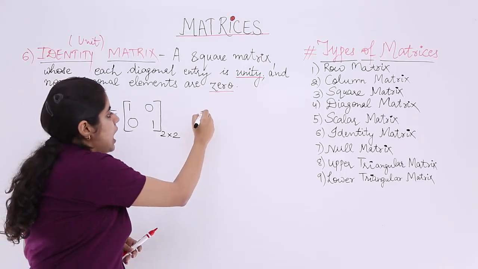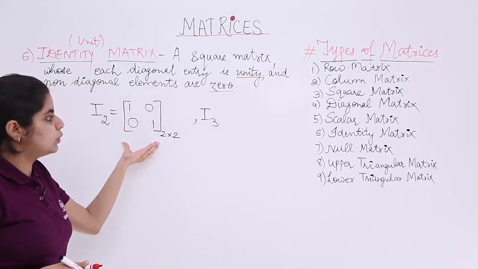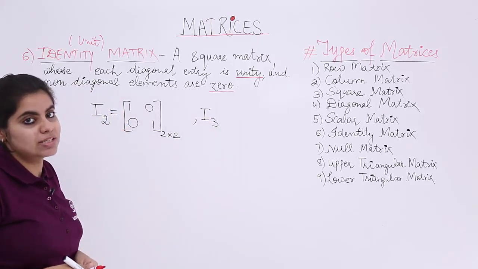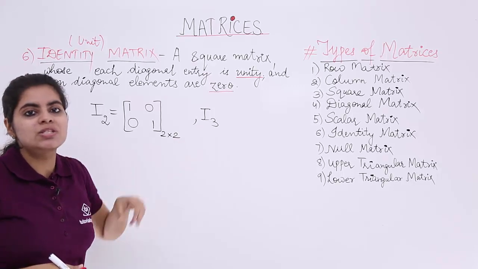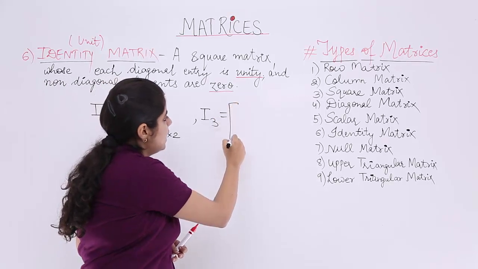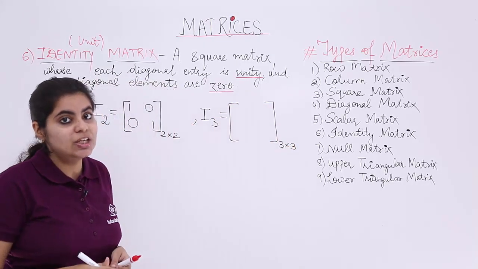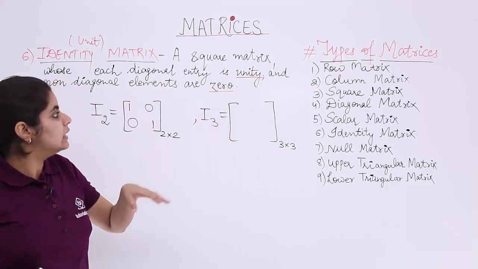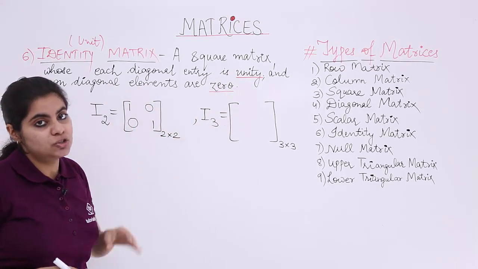What about I3? Now when you know what I2 is, you can automatically understand what I3 is. I3 means an identity matrix or unit matrix of the order 3 by 3. So what will this matrix be like? It will be a matrix with 3 rows and 3 columns. Every diagonal entry should be unity and every non-diagonal entry should be 0.